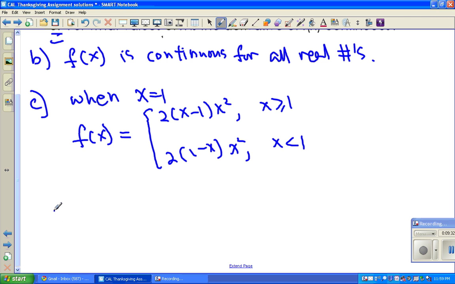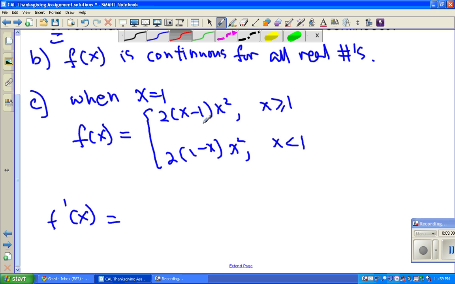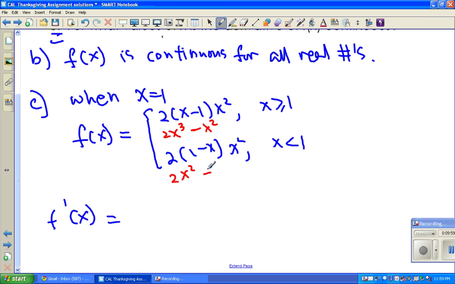Now, f prime of x. As you can see here, this portion is equal to 2 times x cubed minus x squared. And here, this one is 2 x squared minus 2x cubed. Oops, I forgot the 2 here.